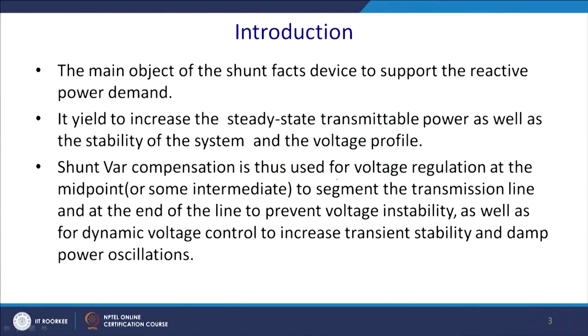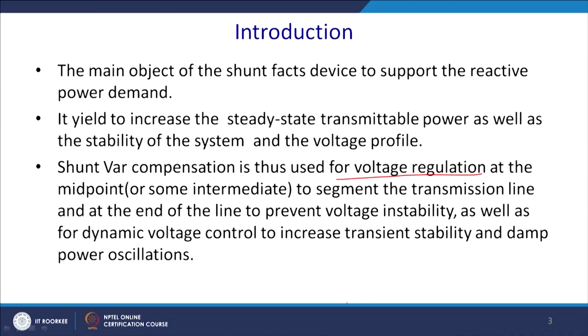To increase the steady state transmittable power as well as the stability of the system, the voltage profile is required to be controlled, and it should be within a stable region. Shunt var compensation is a device that is used for voltage regulation at the midpoint.